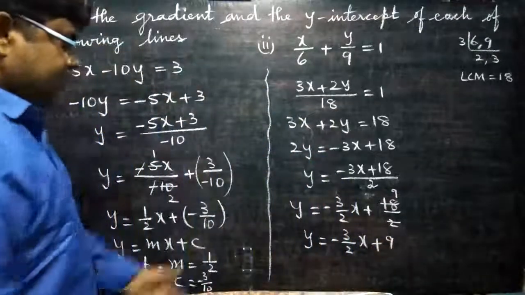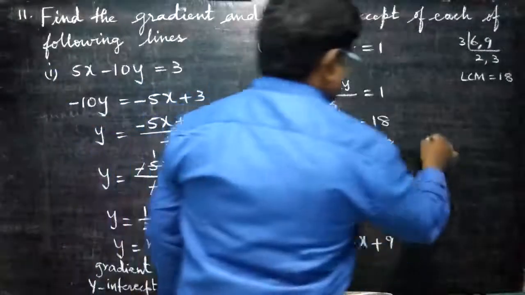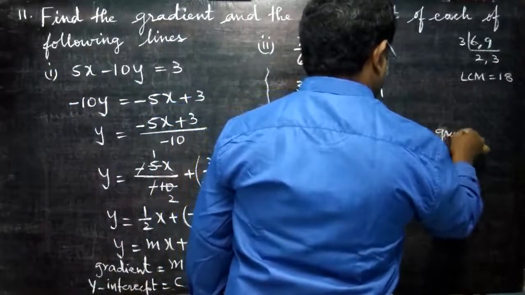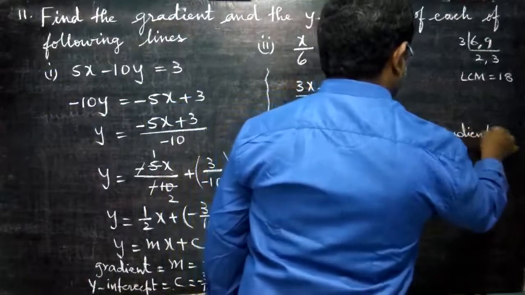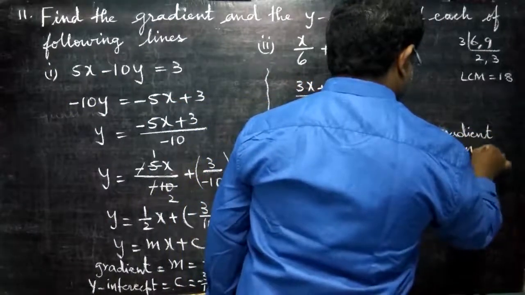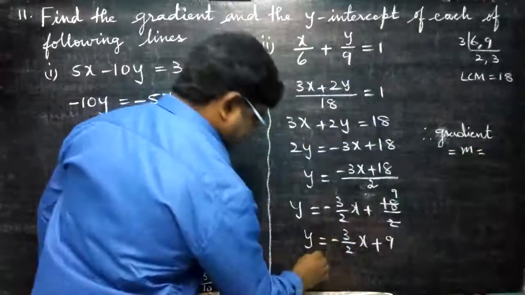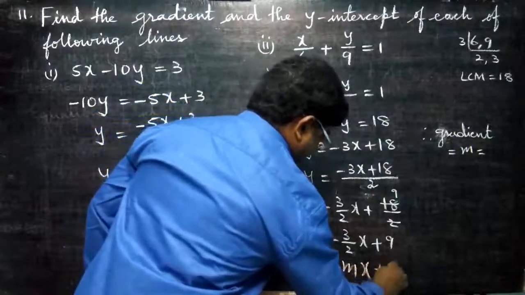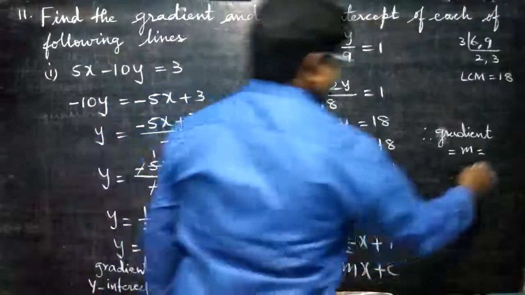Now, without being asked, you can tell which is the slope. They are asking for the gradient, so whatever name they ask, write that name only. Gradient is equal to m, and in y is equal to mx plus c, in the place of m we have -3 by 2.